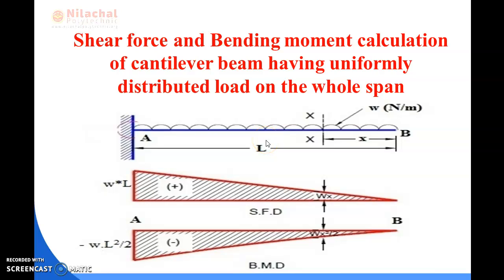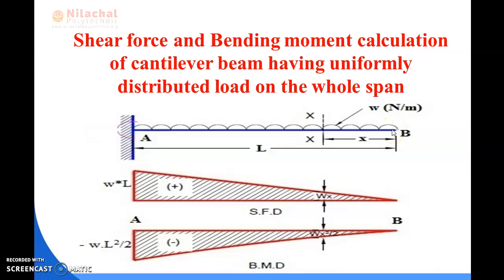If we put the formula, load into span by 2, then we put load W, span L, and perpendicular distance L by 2 for the total span of the beam.